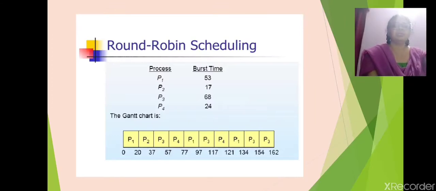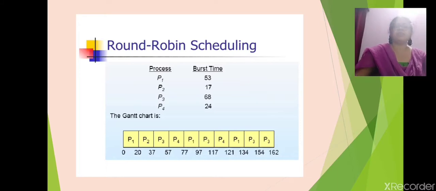Now consider one problem. The average waiting time under RR policy is often long. Consider the following set of processes that arrive at time 0 with the length of CPU burst given in milliseconds.